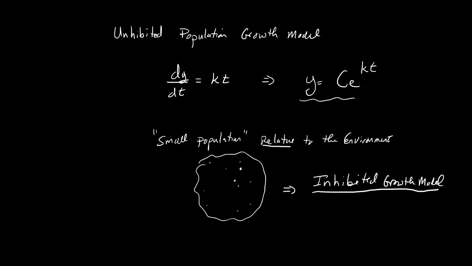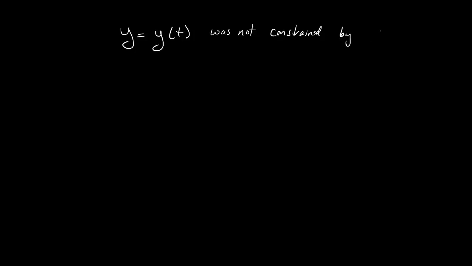And that's the topic of this video today: how do we describe this growth model? So let us assume that we have this function y = y(t), and this was not constrained by the environment. So this is the bacterial population when there's just a couple cells. It's not constrained by the environment.